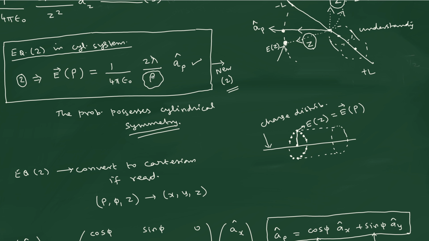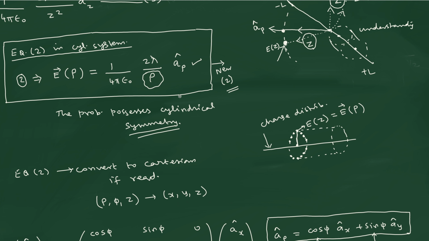It appears in a much more simpler form, because the problem is possessing cylindrical symmetry. Your equation is also in the cylindrical coordinate system. That is why it looks simple. Now problem is possessing cylindrical symmetry. I am going to write the equation in the Cartesian, means it is going to look a little bit lengthier expression because of the transformation between the coordinate system.